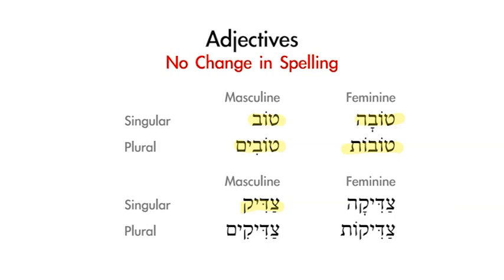Because that first syllable is protected by that dagesh forte in the second root letter, it's never going to reduce beyond that short vowel, and so it won't change. So you have tzaddik, but then the masculine plural, tzaddikim, the feminine singular, tzaddikah, and the feminine plural, tzaddikoth. Again, these are adjectives that are inflected with no change in the basic spelling or lexical form.